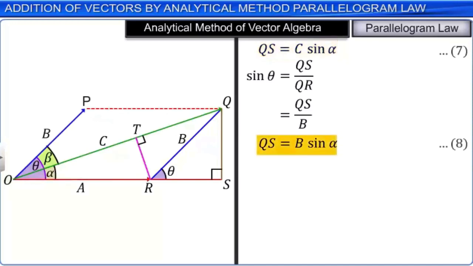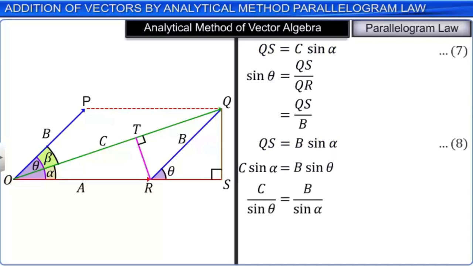That can be taken as the 8th equation. Now we are writing C sin alpha equal to B sin theta from the equations we got, right? Now C by sin theta will be equal to B by sin alpha, right?